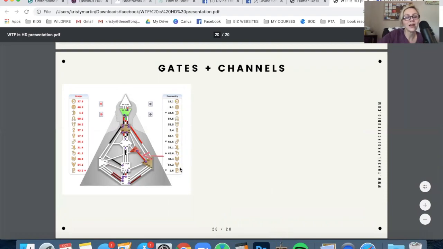So you can see that it gets really, really in depth, and you can peel back so many layers of your chart. There's so much that you could spend literally years unpacking here. So that's just a really quick overview for you.